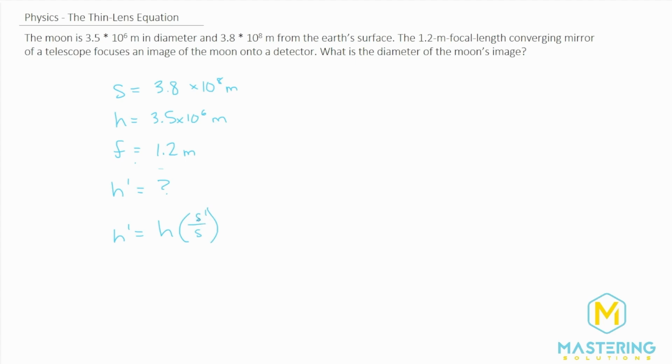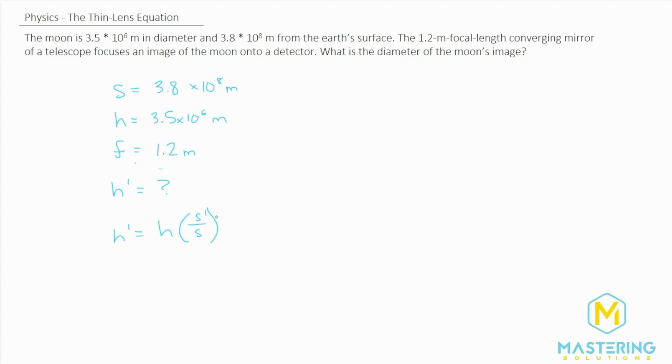In some of the previous questions, sometimes you'll see a negative value here. You could put that in there, but it would just tell us if the image is inverted or upright. We don't particularly care about that in this question. We're just trying to figure out the diameter of the image, and whether it's inverted or not is irrelevant because it's a circle.